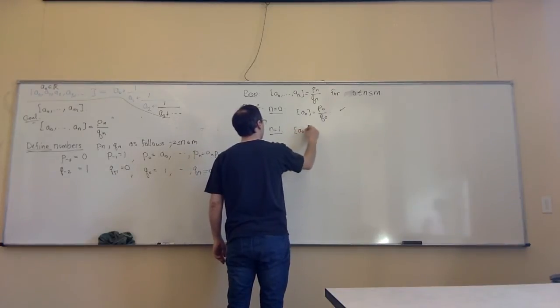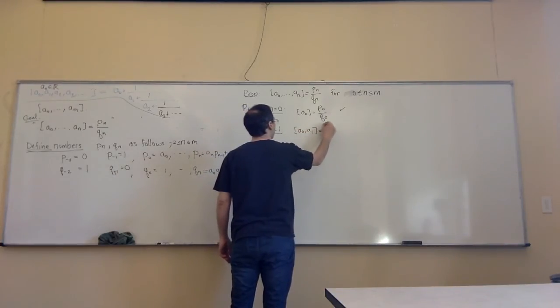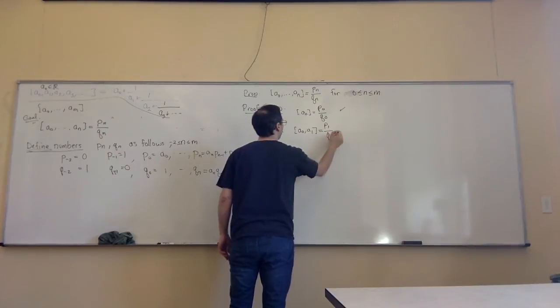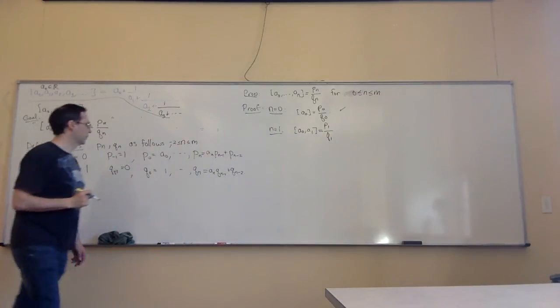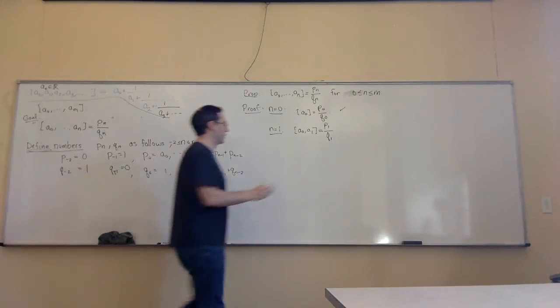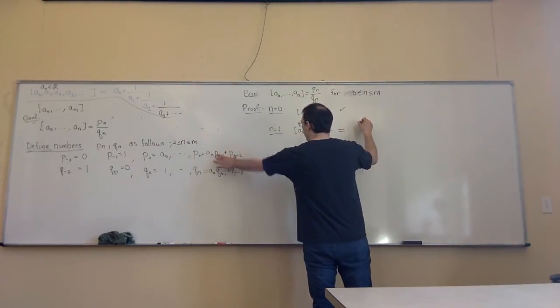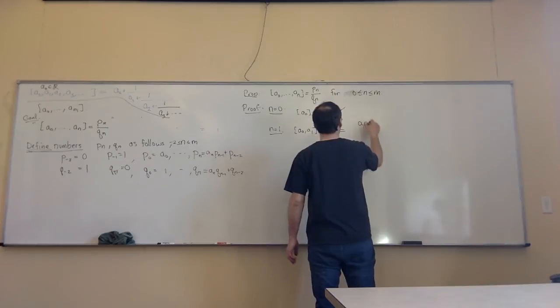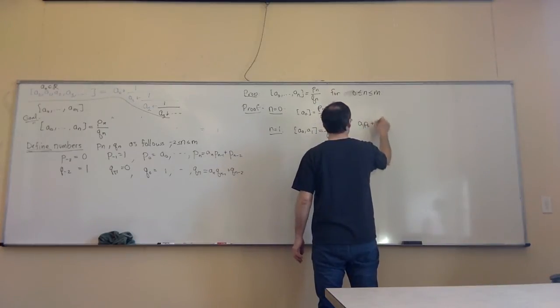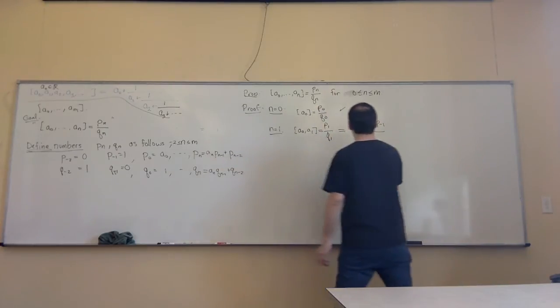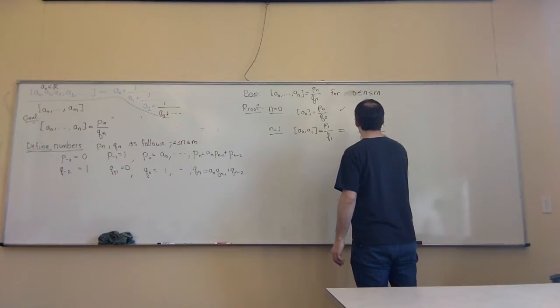So that says that [a0, a1] is P1 over Q1. Let's figure out what P1 is. We just use this formula. It's a1 P0 plus P minus 1, and Q1 is a1 Q0 plus Q minus 1.